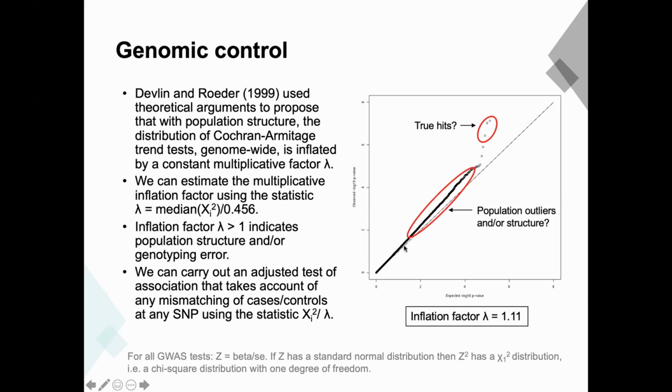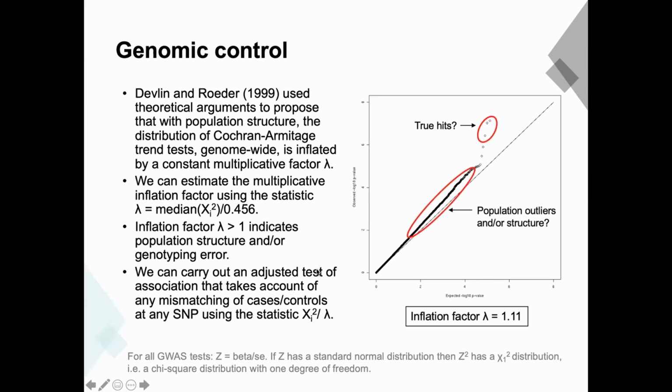However, we see that they are diverging, and the p-values seem to be slightly smaller than expected by chance, telling that there might be some sort of population structure in our data. There are also some variants which are highly associated, but these are probably the true hits, and there are actual genes which are associated with the disease.